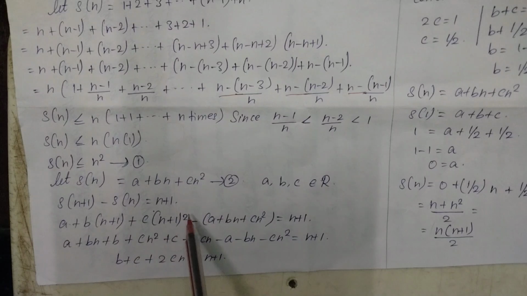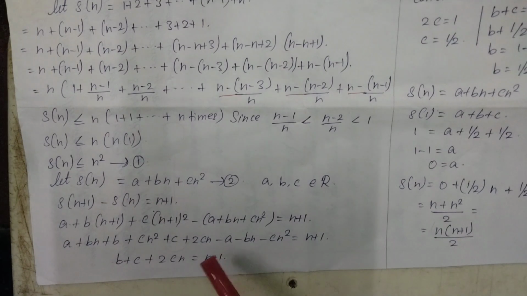See here, a plus b the whole square: a squared, b squared, 2ab will come. Then multiply by c. So n squared into c, 1 into c, 2n into c. Then minus a, minus bn, minus cn square. Here cn square is eliminated, minus bn cancels, minus a cancels. After that, b plus c plus 2cn equal to n plus 1 is remaining.